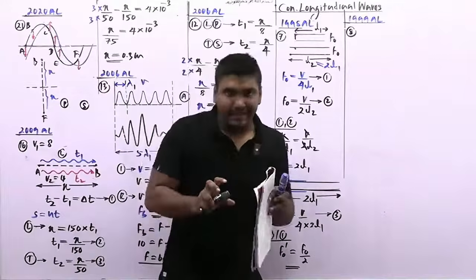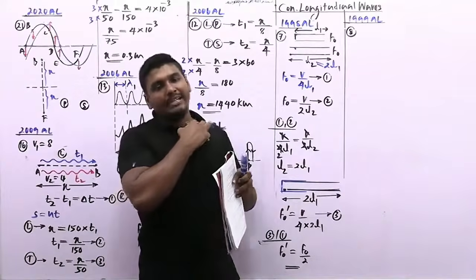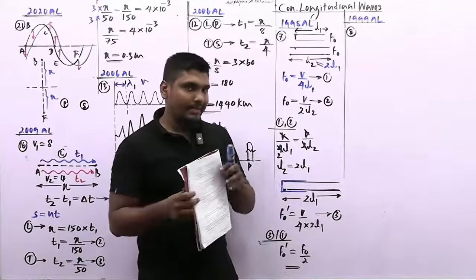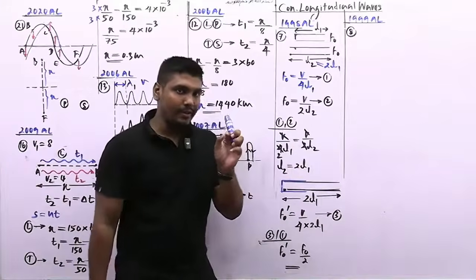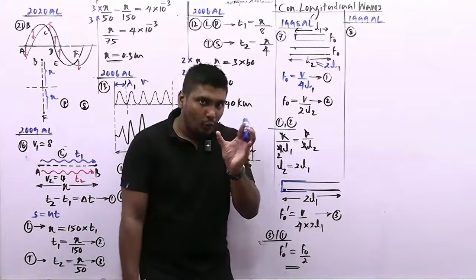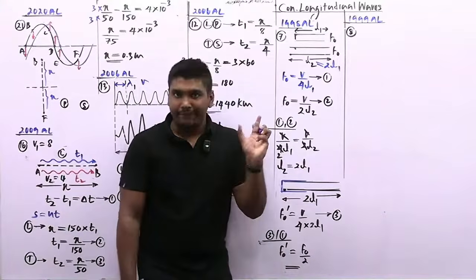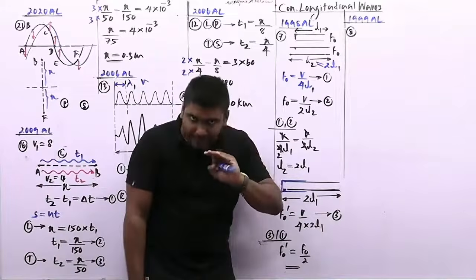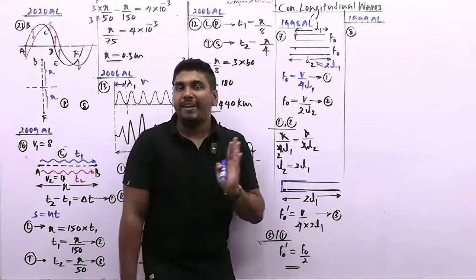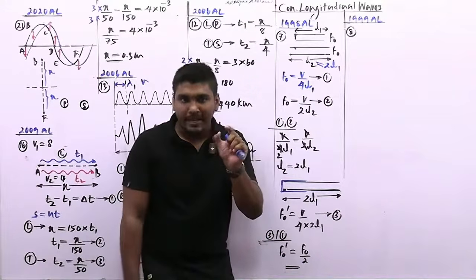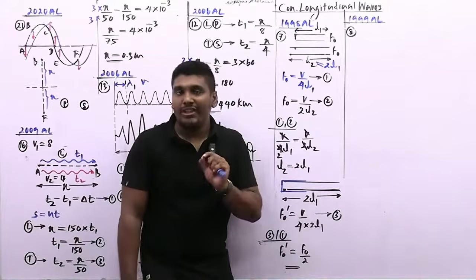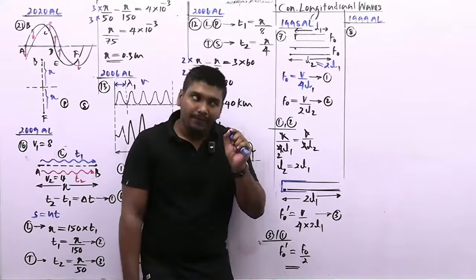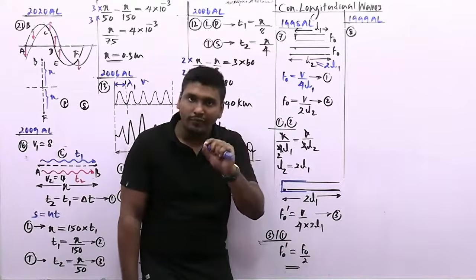Now let's consider the logic. It doesn't matter whether both pipes are open-ended or one-end closed. If those pipes are one-end closed pipes, the fundamental frequency is F naught equals V over 4L.